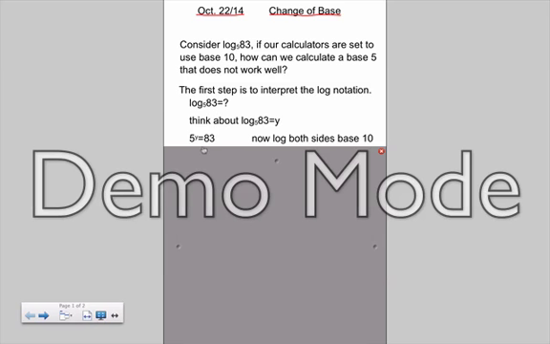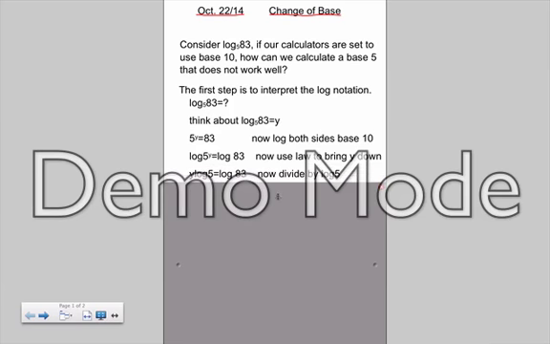Now I have an equation that I can work with both sides, and as long as I do the same thing to both sides, I maintain the equality. So I'm going to log both sides base 10 because that's the base my calculator is trained to do. So I get log of 5 to the y equals log of 83. Now we have a law of logarithms that says when you're logging a power or something with an exponent, that exponent can come down in front.